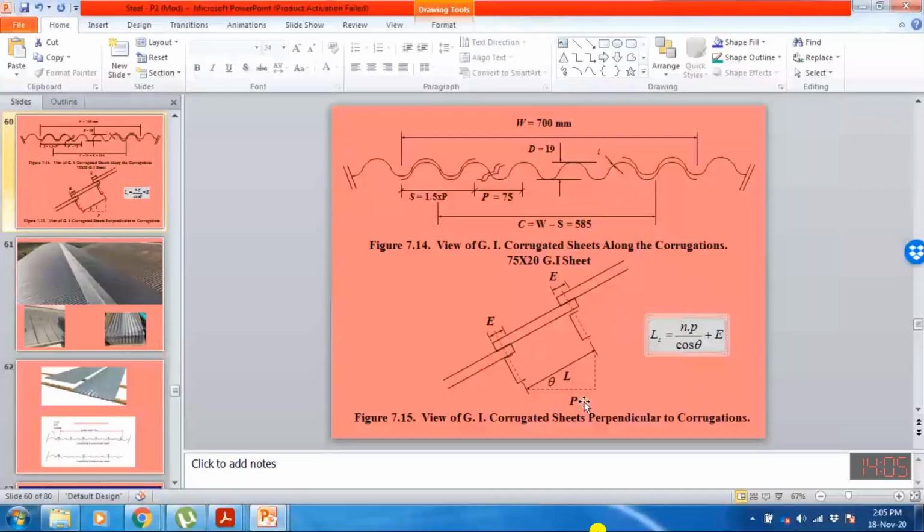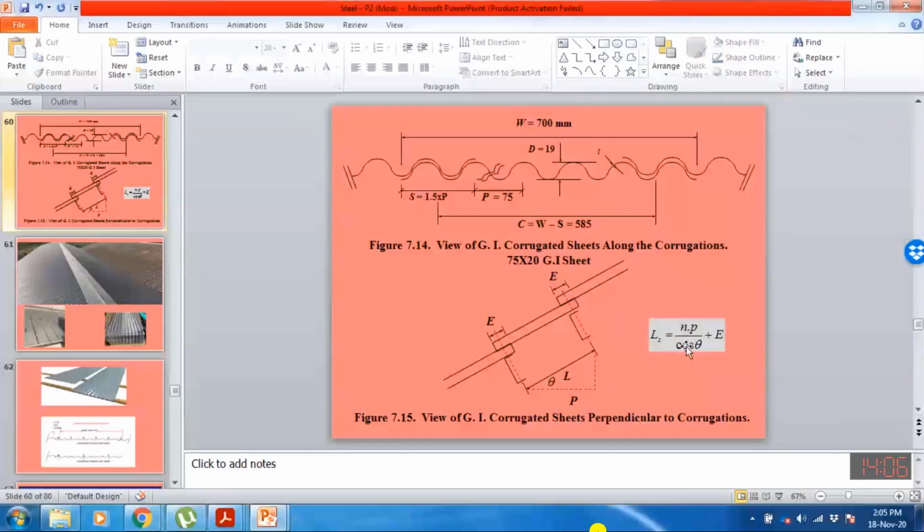It is equal to P over cos theta plus E. Half P we need to add from one side and half P from the other side. You need to compute this value for one panel and also for two panels.